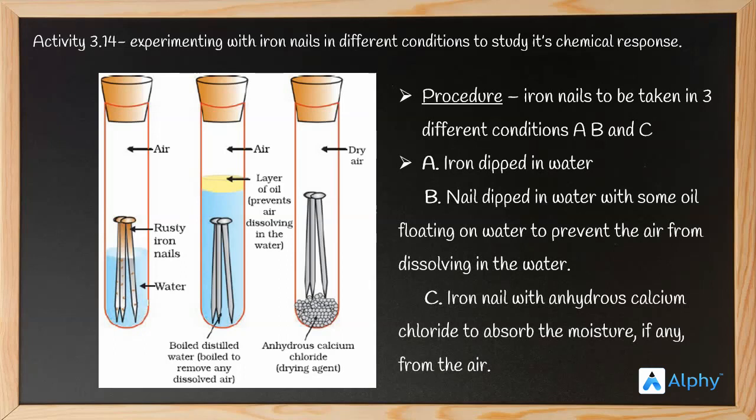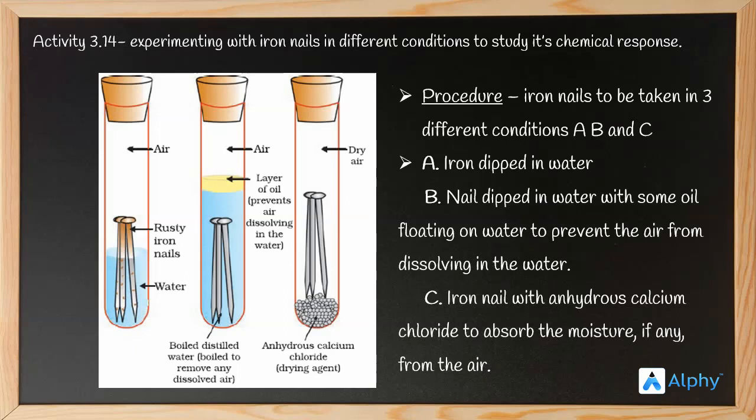So what exactly is the condition over here? You can see in test tube A, in the diagram also, that the iron nail is exposed to water and air in the test tube. It is also corked at the top so that there is constant air and water inside.